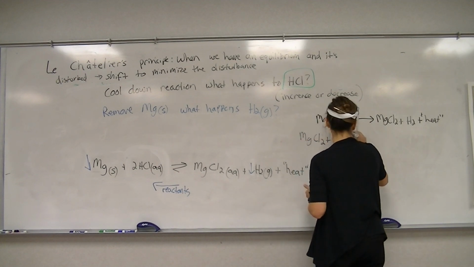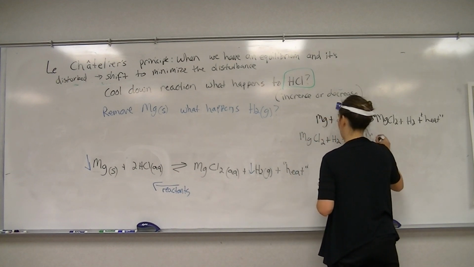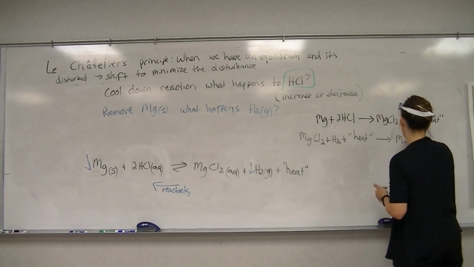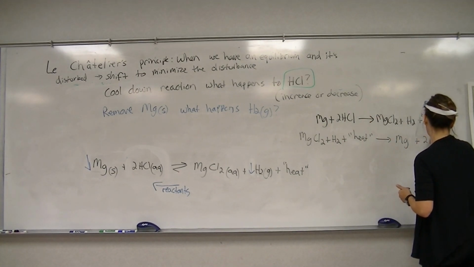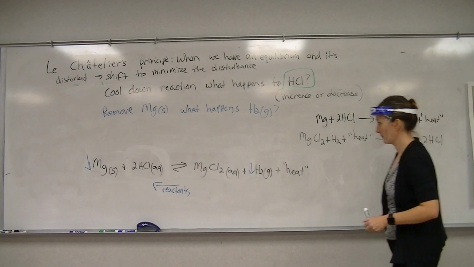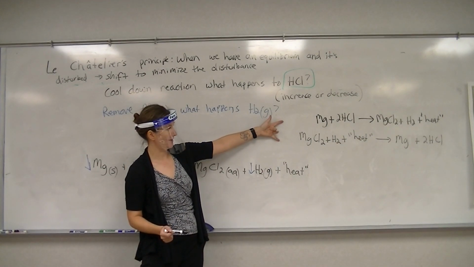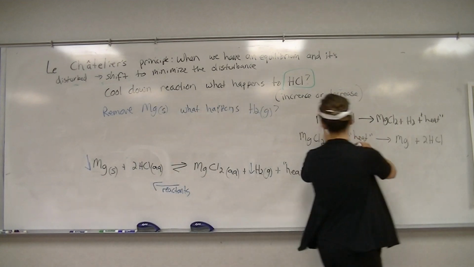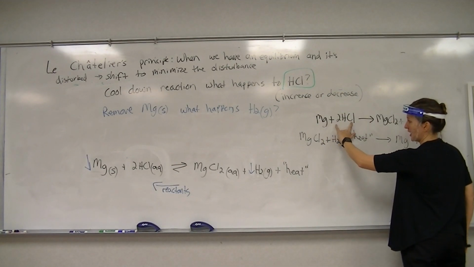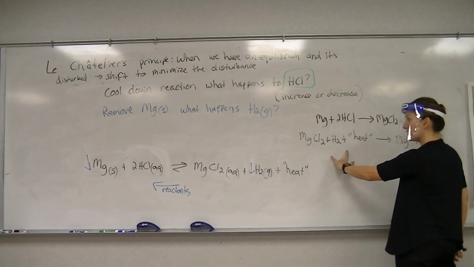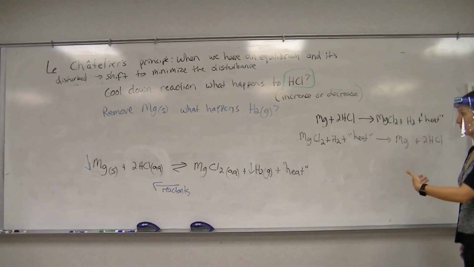H2. So it's saying these two reactions are going on simultaneously. In the top reaction, my reactants are magnesium and hydrochloric acid. In the bottom, my reactants are different.